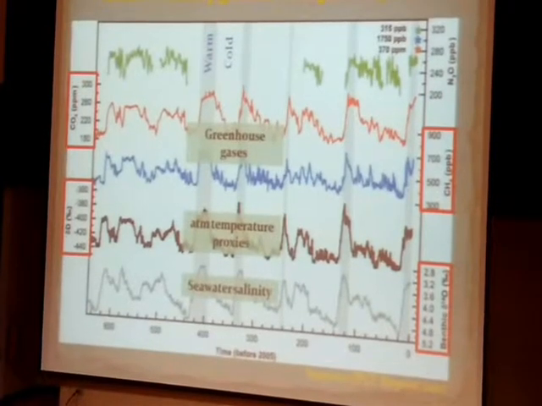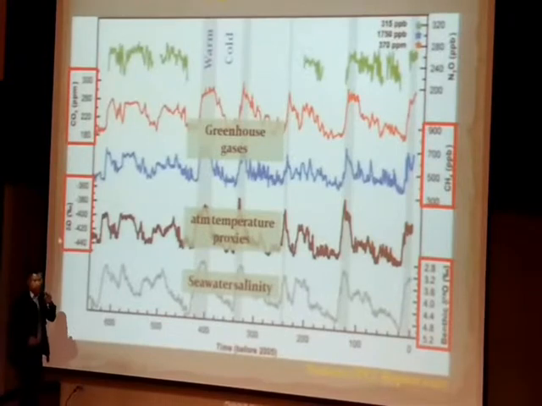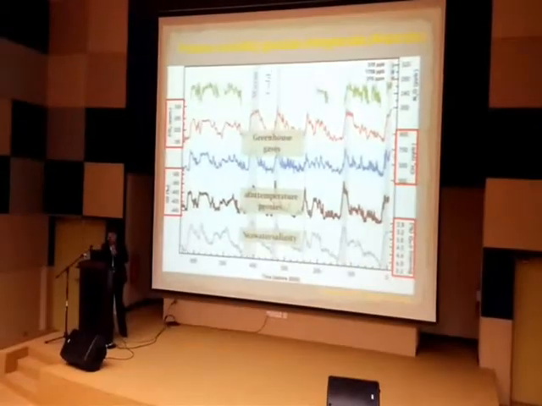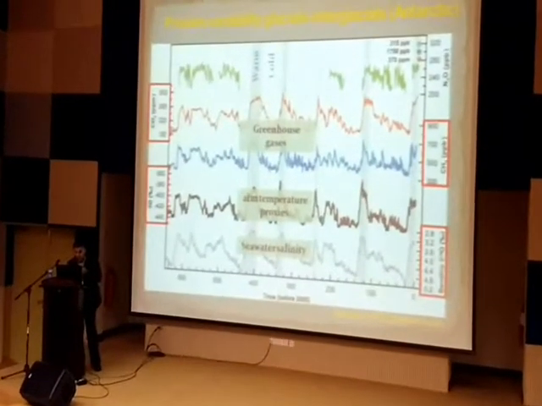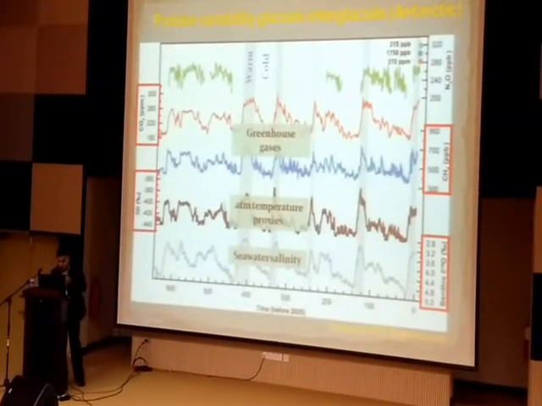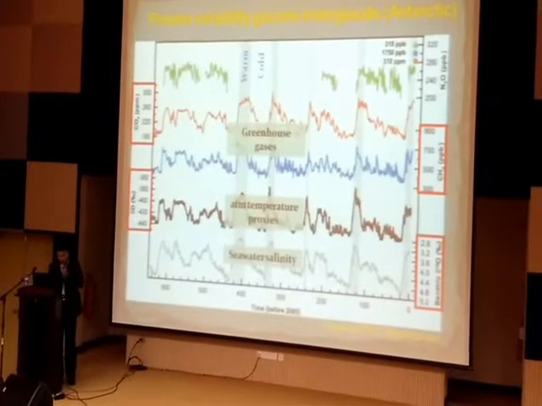You can see here the deuterium is the temperature signature, the temperature proxy. During the warm period, CO2 increases and the temperature also increases. And methane, CH4, also increases.